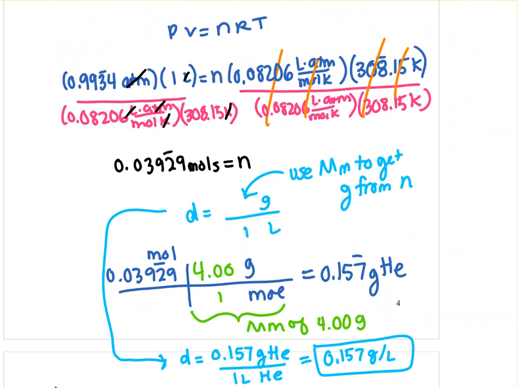So that seems like a long process, but actually it's easier to think about than having another equation. Now there is another way to solve it using a different equation, and you could do that as long as you get the right answer. The trick to this one is assume the volume is 1 liter.